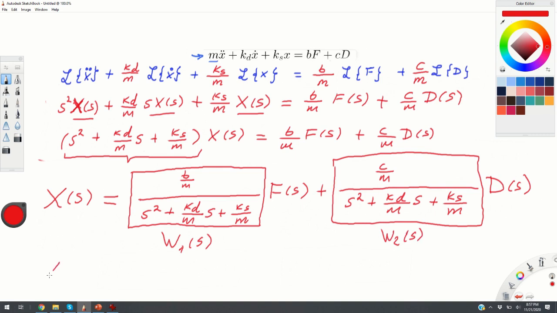So we have obtained that x of s is equal to w1 of s times f of s plus w2 of s times d of s.